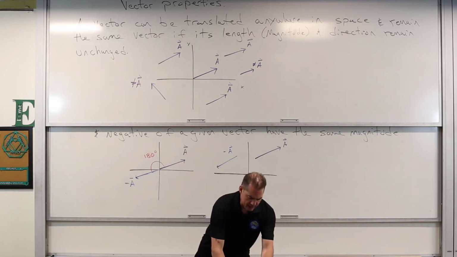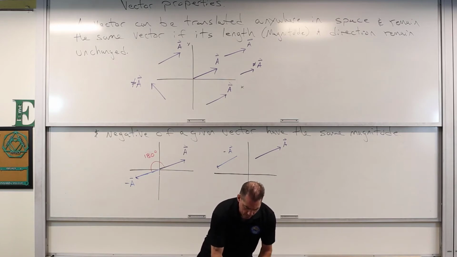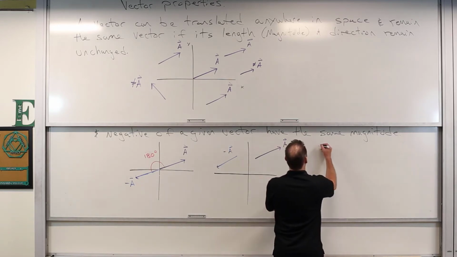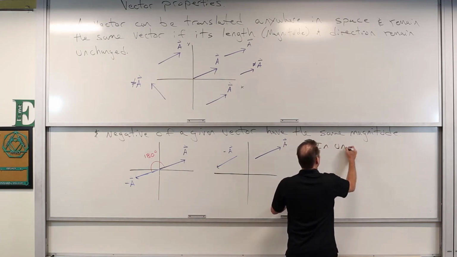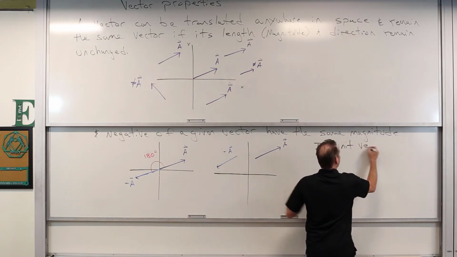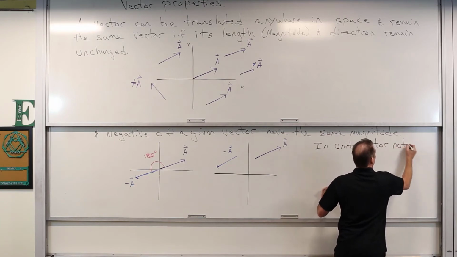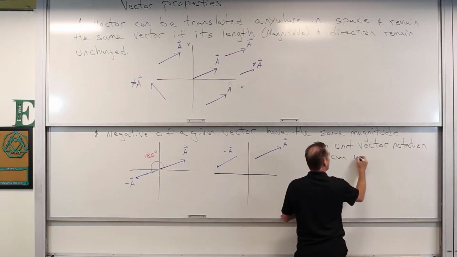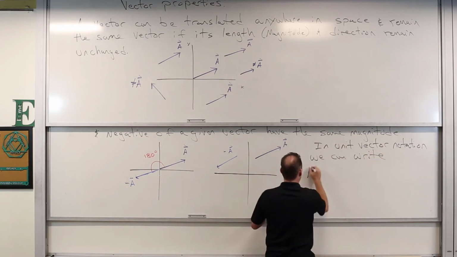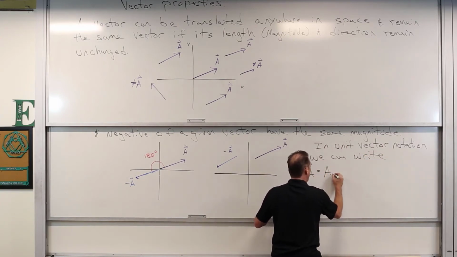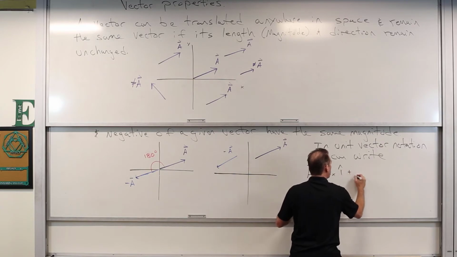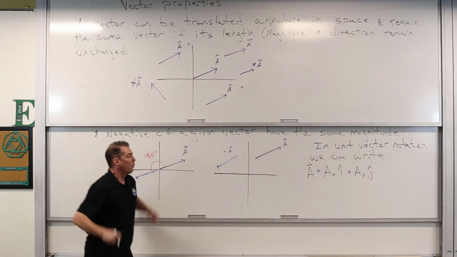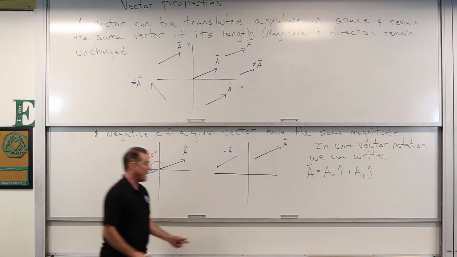We can also look at this in terms of unit vector notation. We can write A hat is equal to some A sub X I hat plus A sub Y J hat. Well, what happens if we want negative A hat?